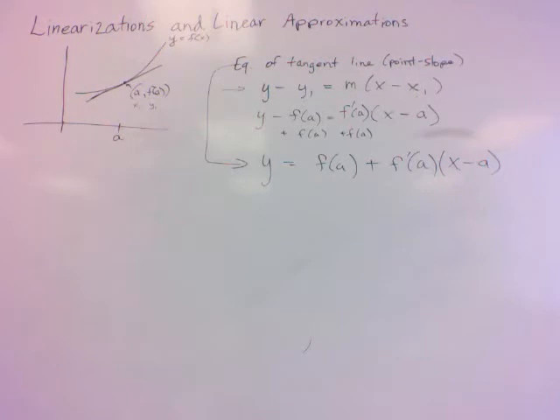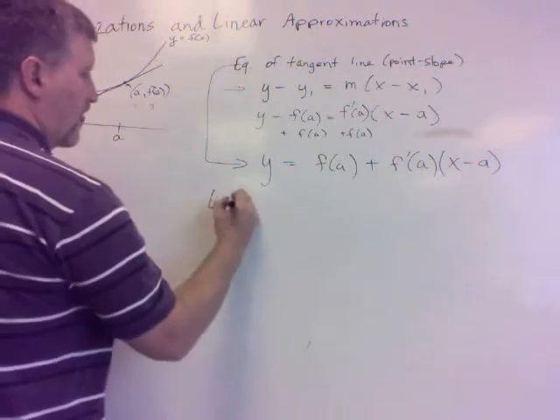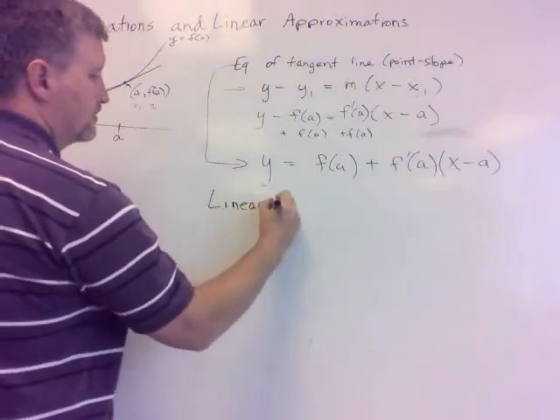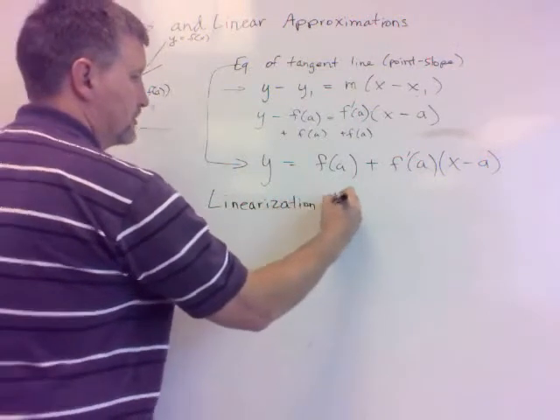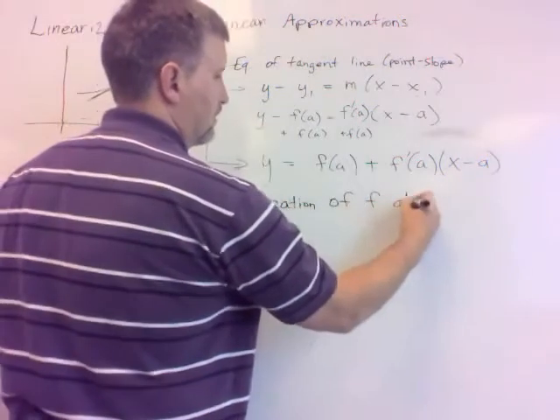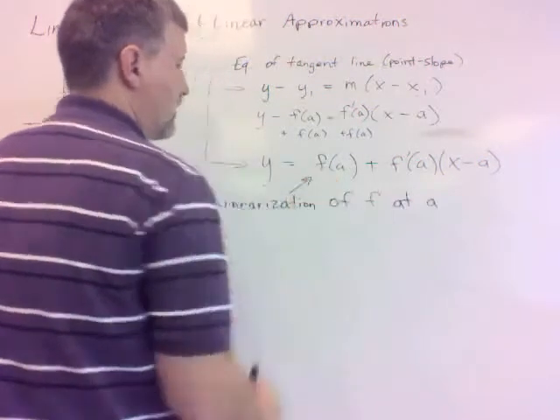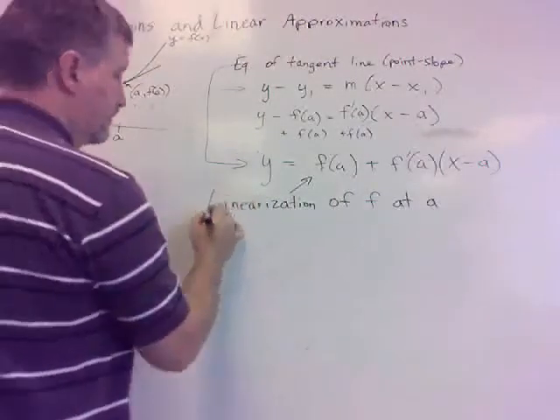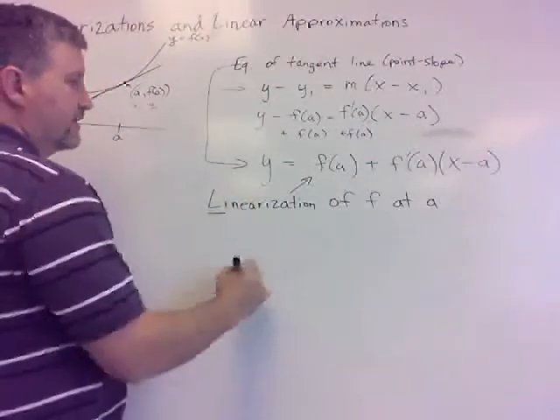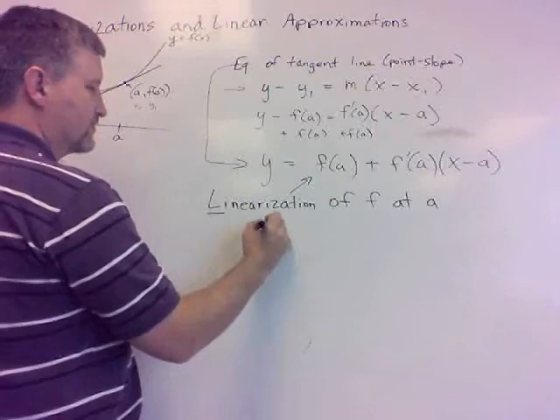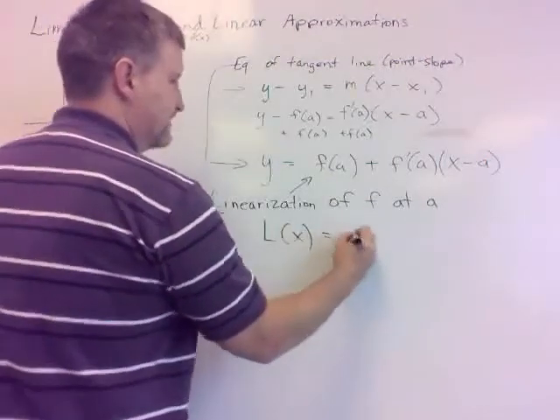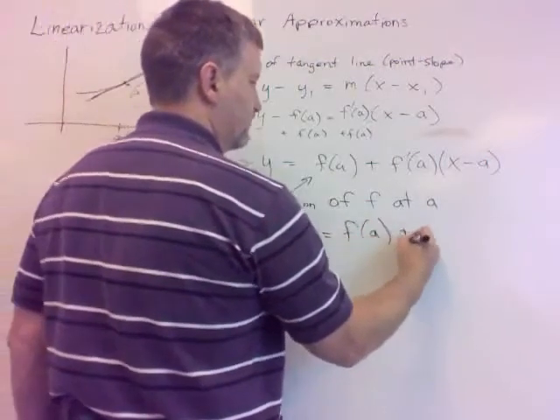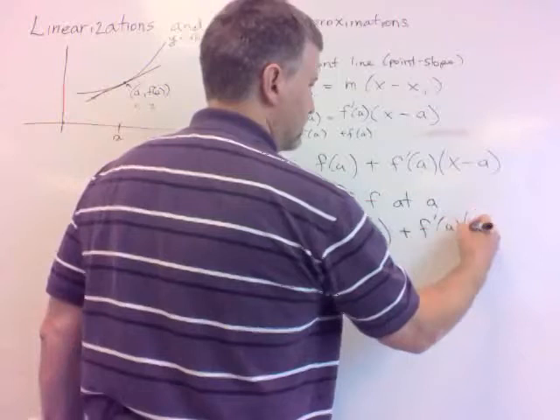We're going to call that the linearization of f at a. And because that starts with L, we're going to call that L of x. L of x equals f of a plus f prime of a times x minus a.